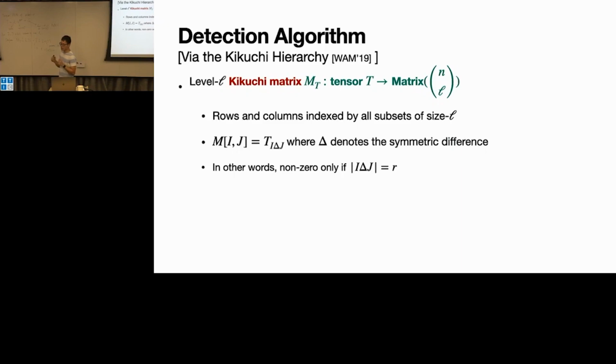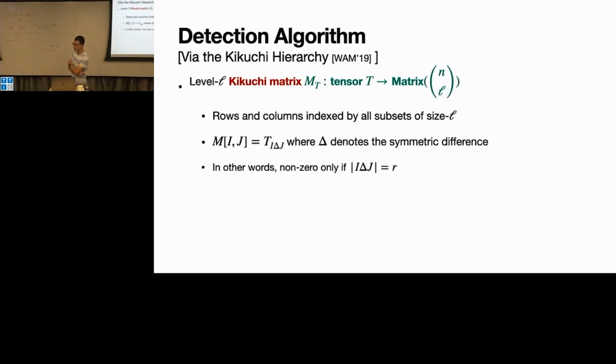This is a random matrix you can build once I give you a tensor T. It is a gigantic matrix of dimension n choose L by n choose L, so it has rows and columns indexed by all subsets of size L. It can be multi-sets, but for now let's just look at subsets. The minor difference doesn't matter too much here.